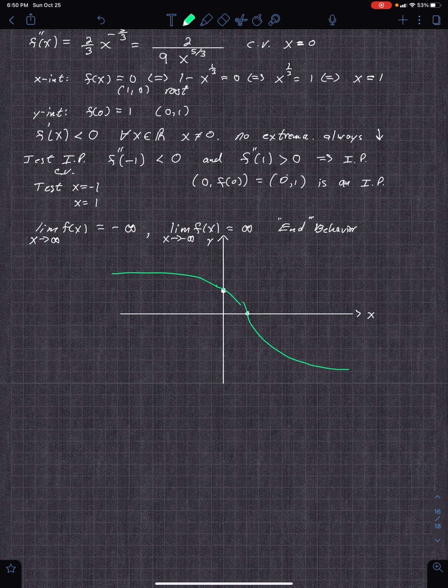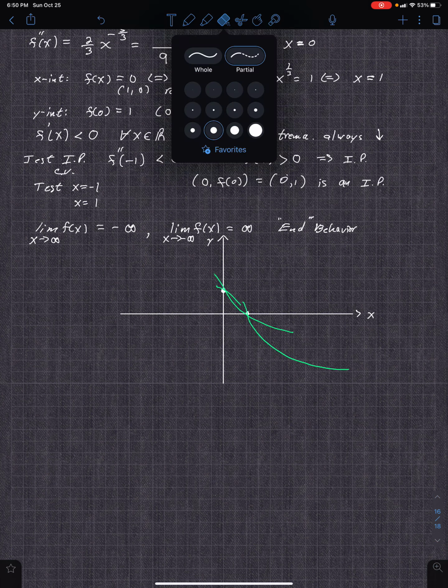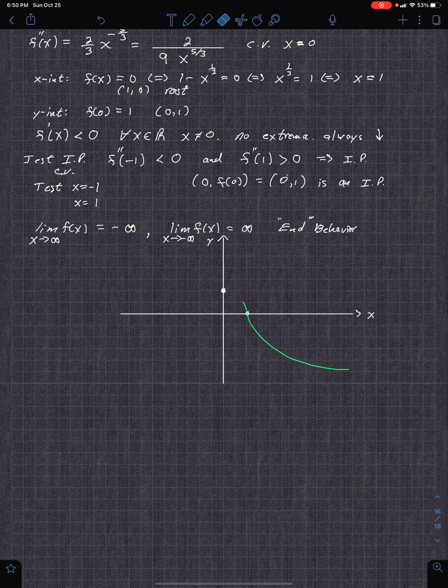Wait, what was it? What's the inflection point again? Inflection point at, it's (0, 1). So we want to make it look kind of more like that. So I had it a little off. Let me change my eraser and erase all the, there we go. So it's going to come in like this. So right here, it's going to go vertical and come back.